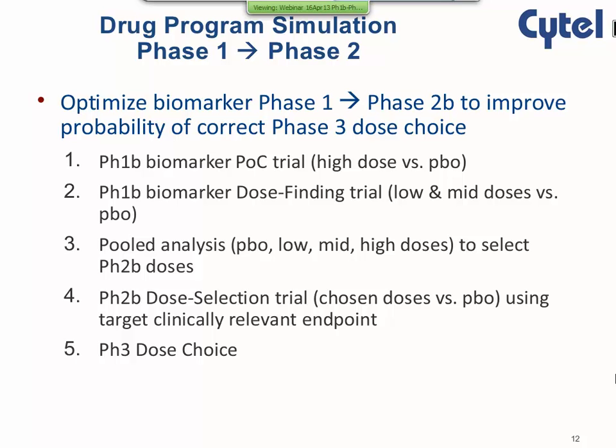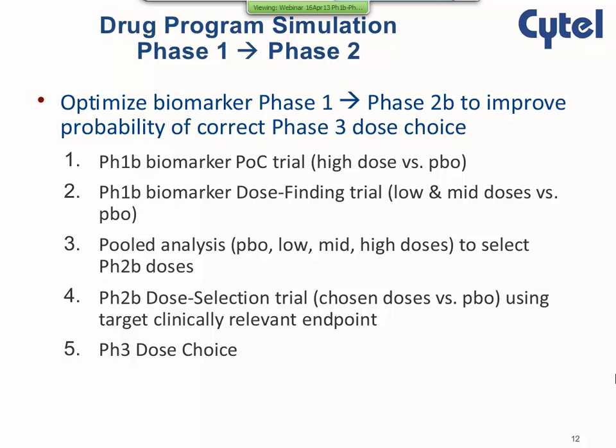So here's a little bit lower drill down on what we did. As mentioned, we want to optimize the biomarker phase 1 to phase 2B space and program to improve the probability of selecting the correct phase 3 dose. So that program started with a POC, high dose versus placebo biomarker trial. And then if certain criteria were met, moved to a biomarker dose-finding trial, which added information of a low and a mid dose, again with placebo control.